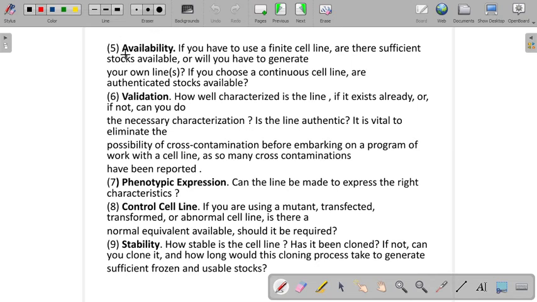Next thing we need to check is the availability of that cell line. Again I'll say, take the example of a drug like penicillin. You want to check the effect on infection by any bacteria, and how penicillin acts against that bacteria or any fungus or mold, right?